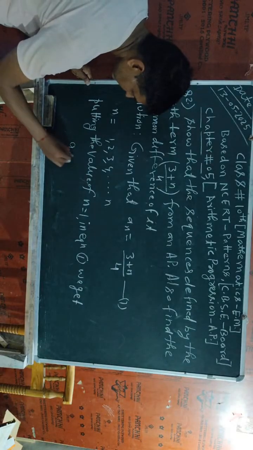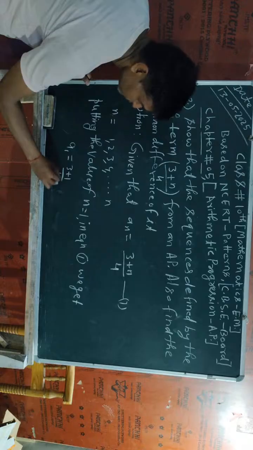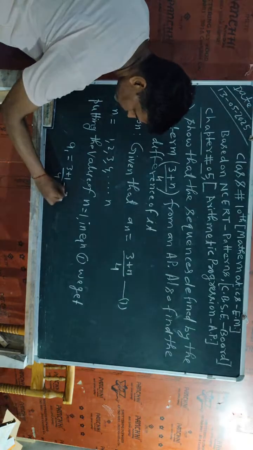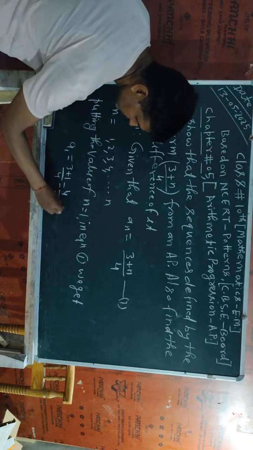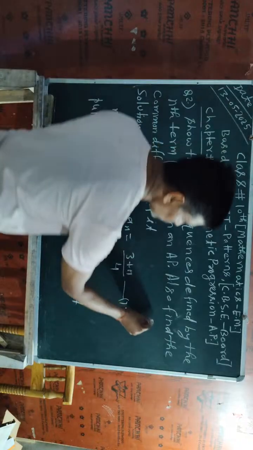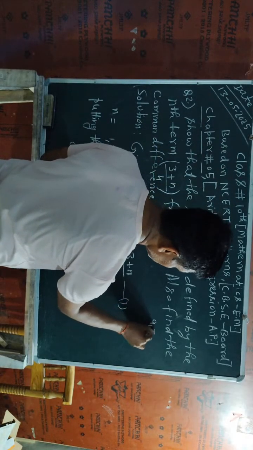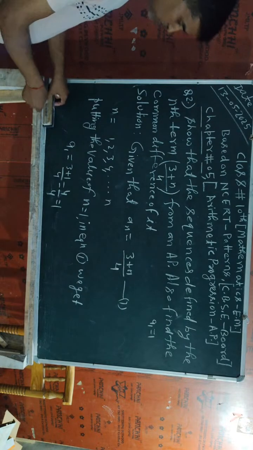I will get a1, which is equal to (3 plus 1) divided by 4. After simplifying, it will be 4 divided by 4, which is 1. So I am going to write the value of a1, which is equal to 1.